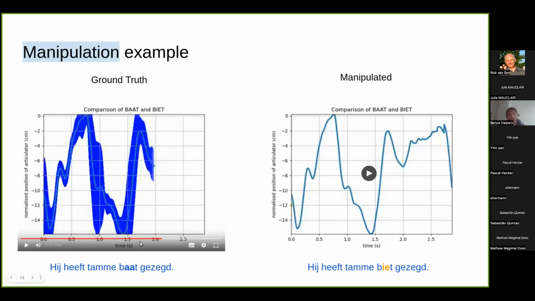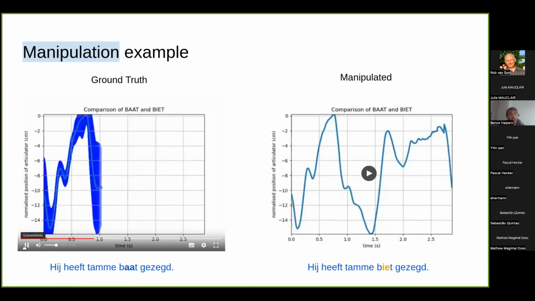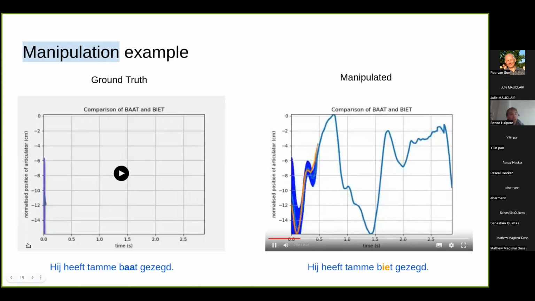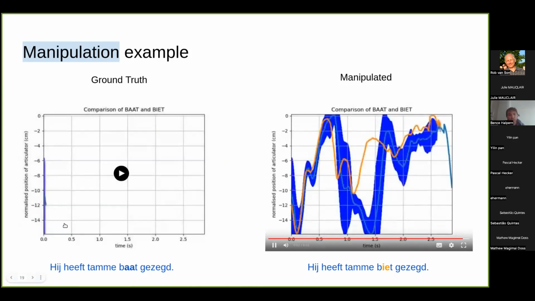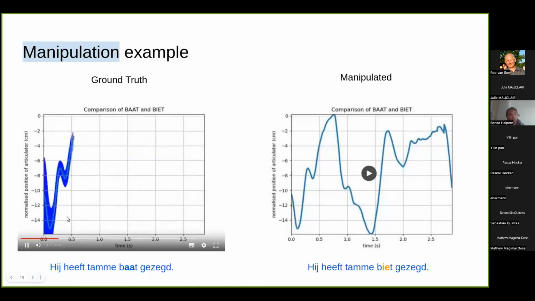So here this is just showing a recording of how the articulatory trajectory moves, along with the ground truth speech.